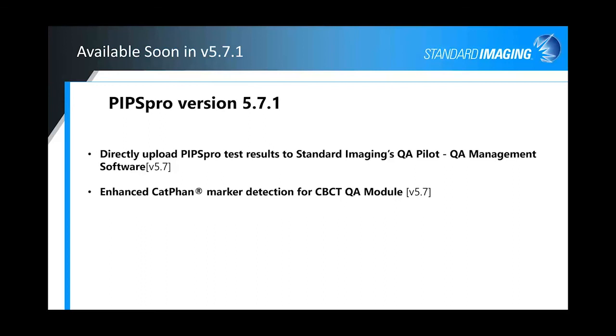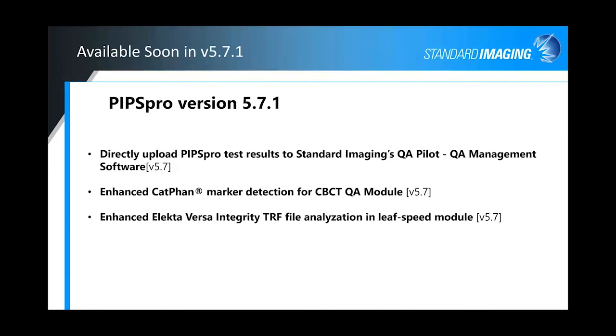We have enhanced the marker detection in the cone beam CT to make it quicker and more precise as far as the detection of the targets in the CatFan. We also have enhanced some of our Elekta functionality for the TRF files for those leaf speed modules.